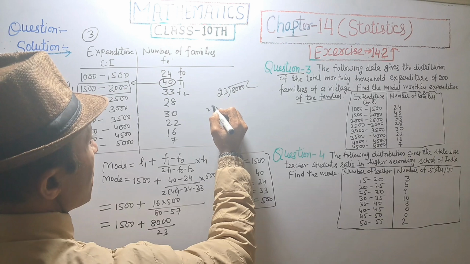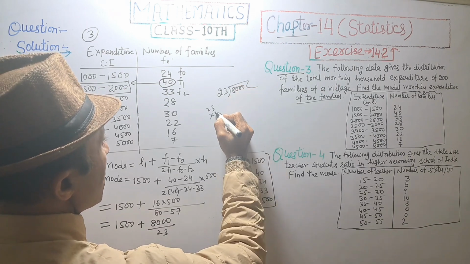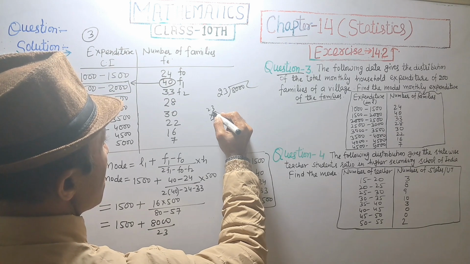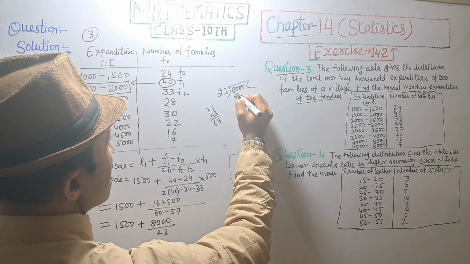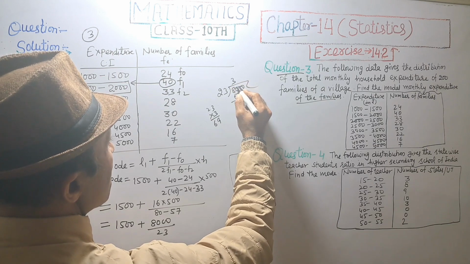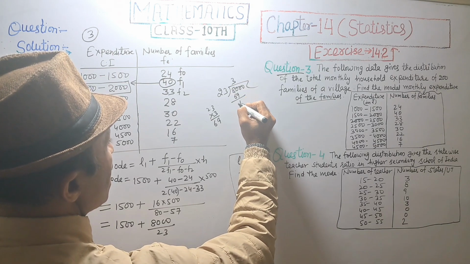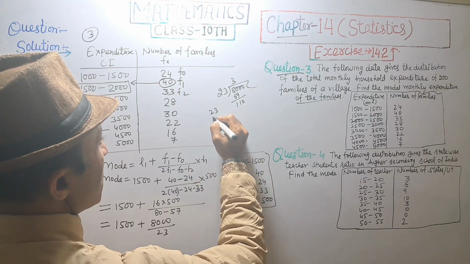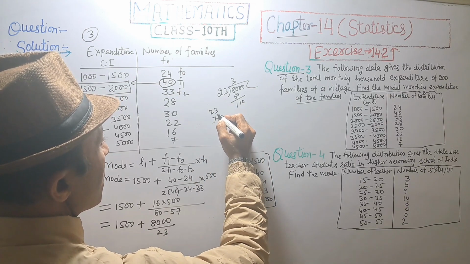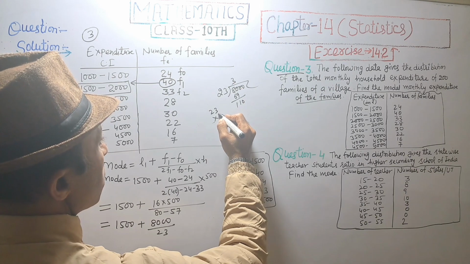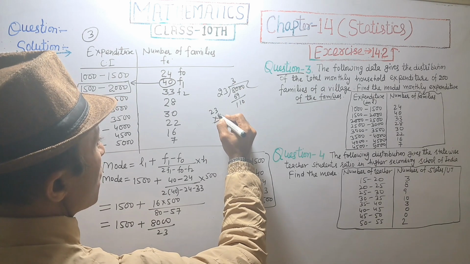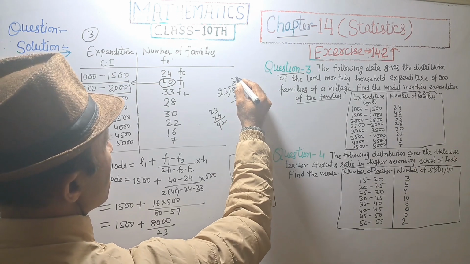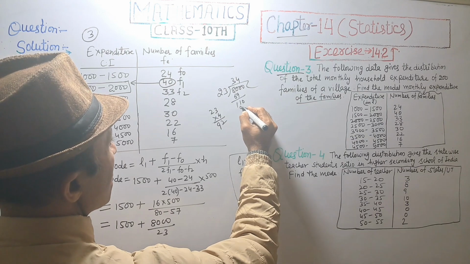23 multiply by 3, 3 3s are 9, 3 2s are 6. 10 minus 9 is 1, 7 minus 6 is 1, 0. 23 multiplied by 4, 4 3s are 12, 4 2s are 8, 92.